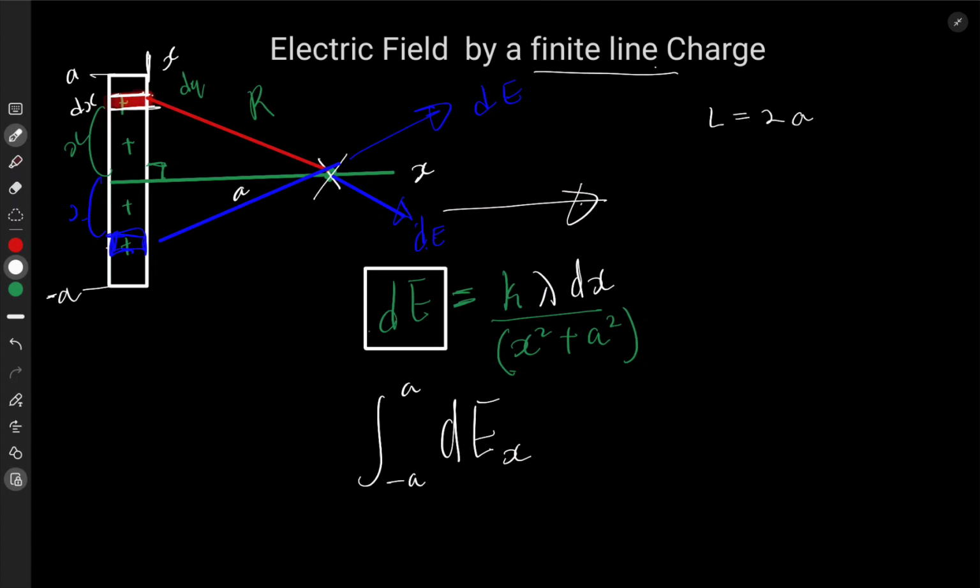Okay, then to find the electric field vector along x, we'll have to use cos. This angle is the same as this one because of vertical opposites, also this one and this one.